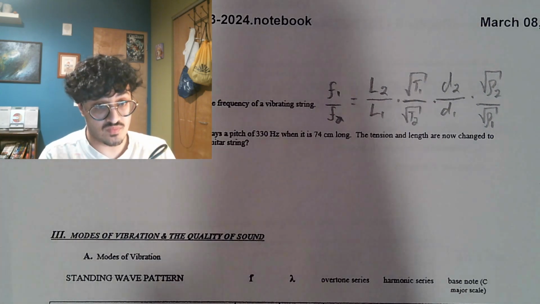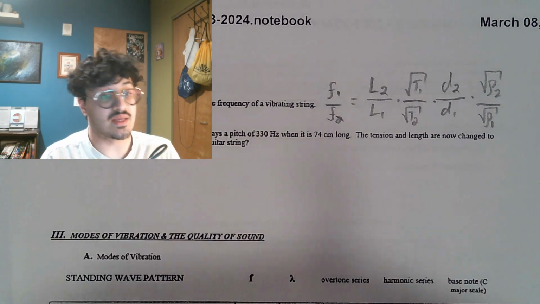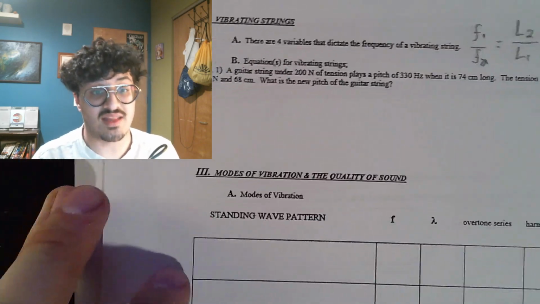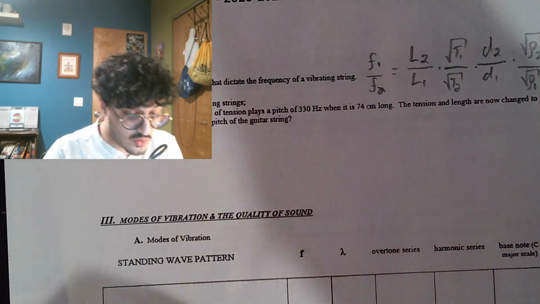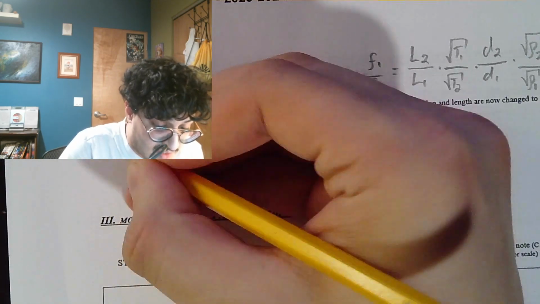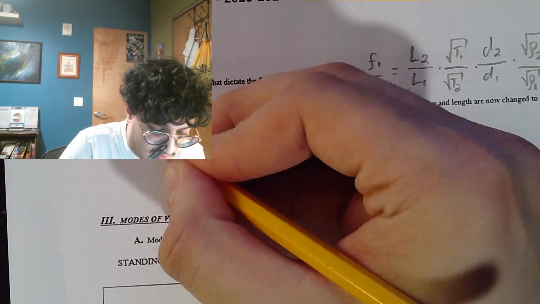Now, these work in a nice way. Depending on what changes, we can get different sorts of equations out of it. Let's take a look at this question. We have a guitar string under 200 newtons of tension that plays a pitch of this when it is that long. In other words, the tension 1 of the string is 200 newtons.